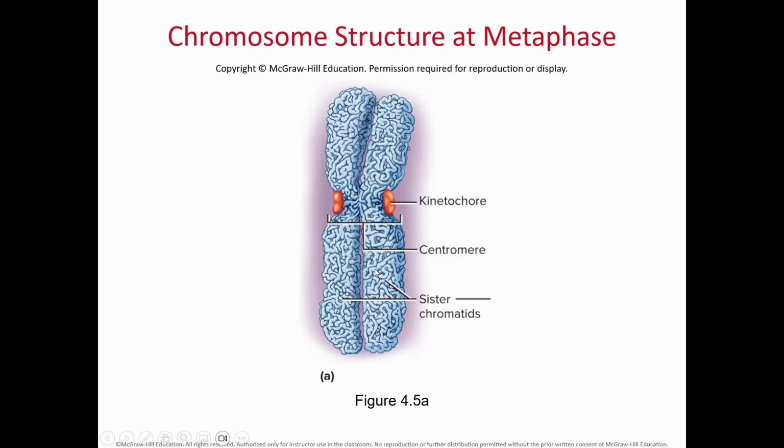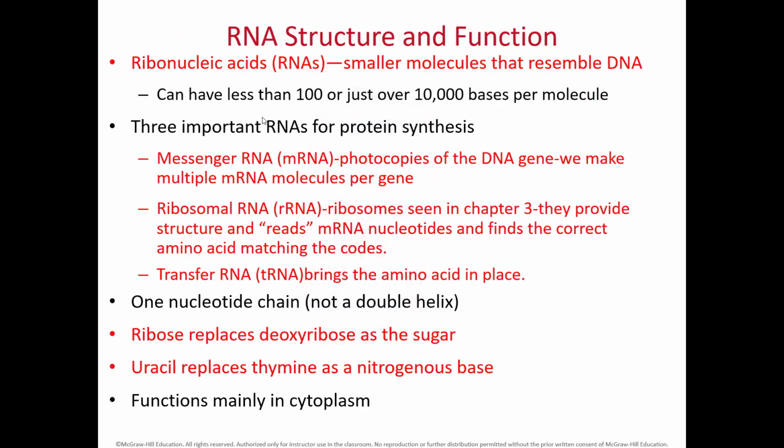We don't call them sister chromosomes. Once we split it in half, even if it's a micrometer or even a nanometer in distance, as long as we see a little break here, each arm counts as a separate chromosome. But when they're linked together, it only counts as one chromosome, and we consider each leg of this a sister chromatid.